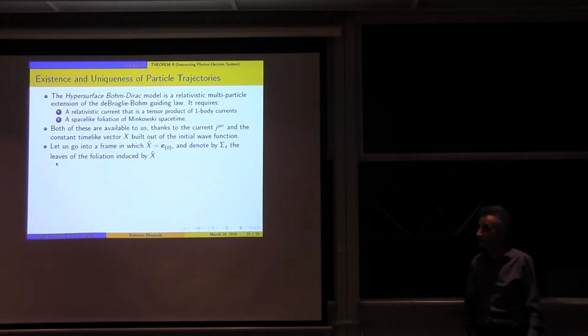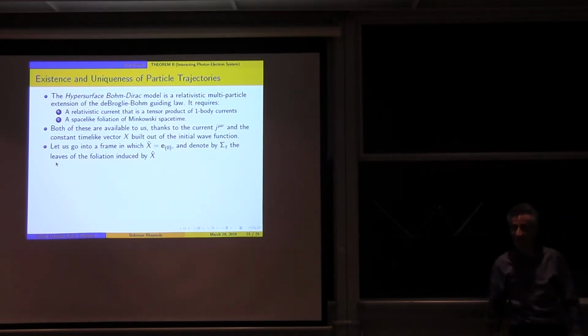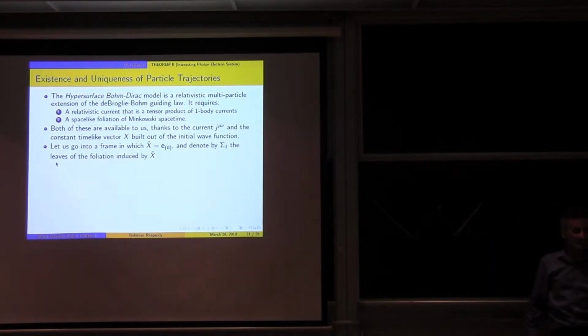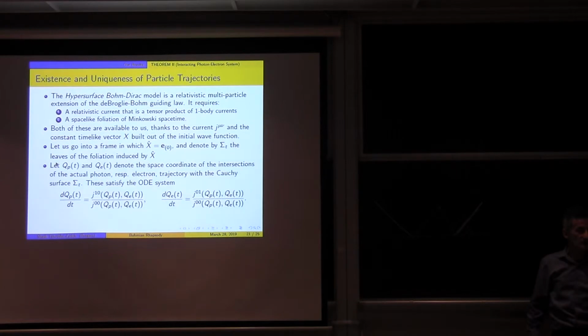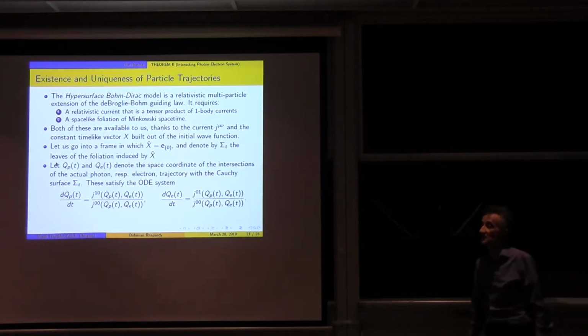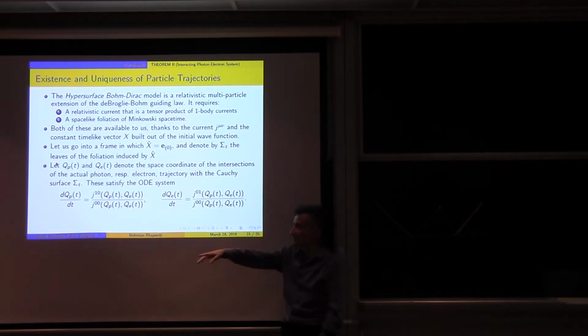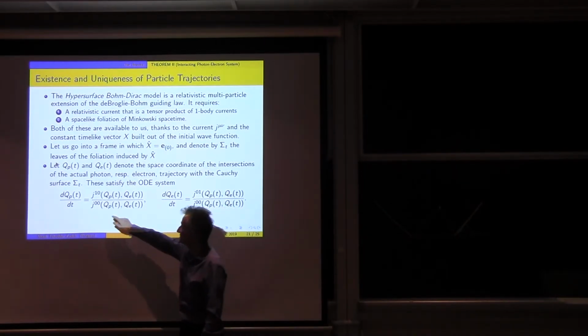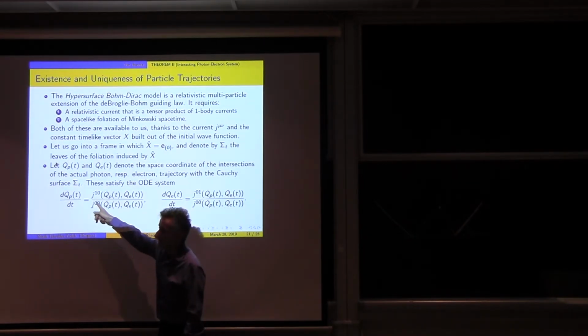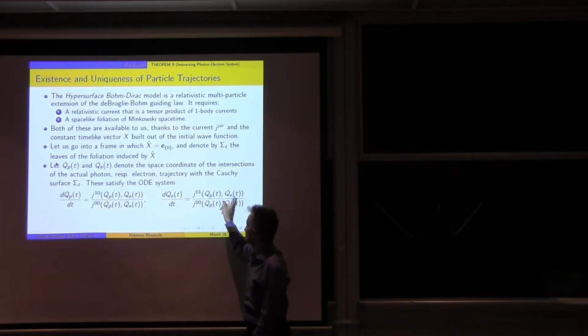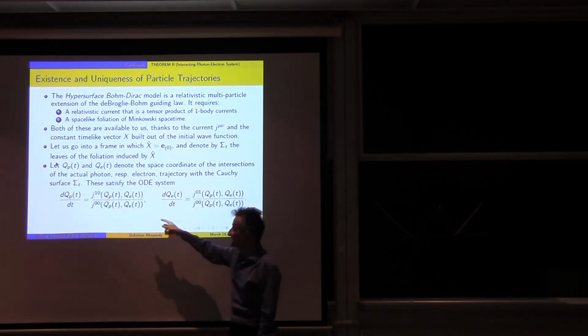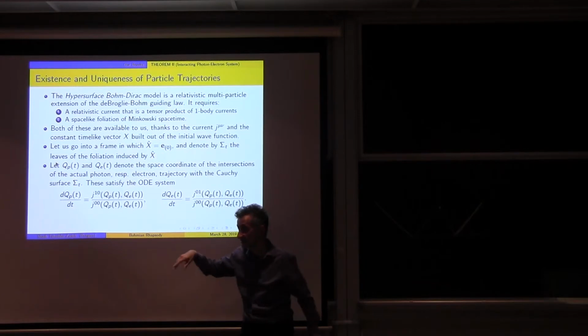In particular, we'll go into a frame where this vector field is just the (1, 0) vector field, and then we can look at the equations for the two particles. These are just two ODEs, and here was your question, Joel. This is the velocity of one of the particles, and this is the velocity of the other particle. J was this tensor current, right?